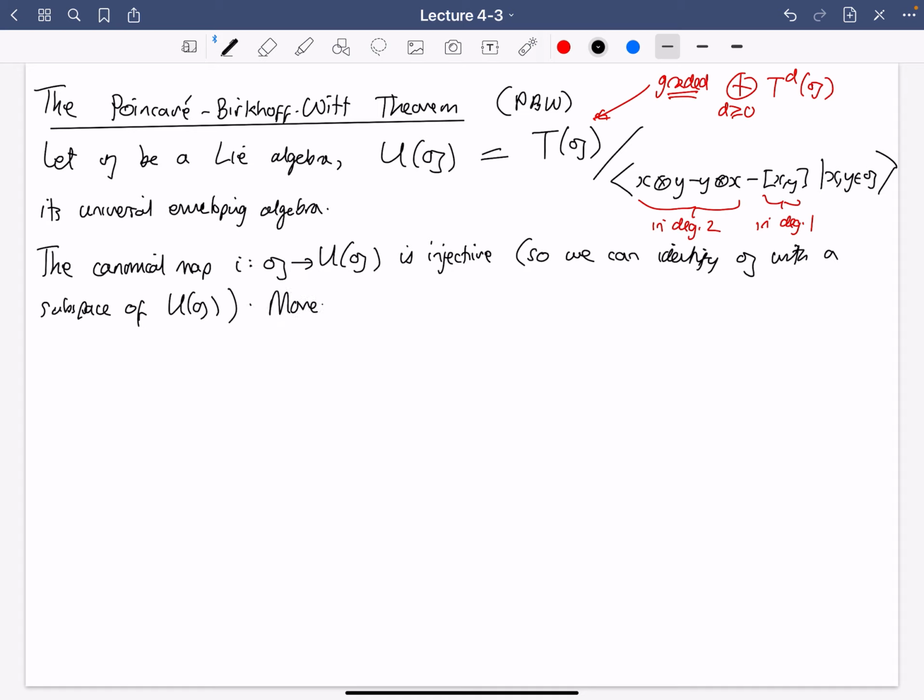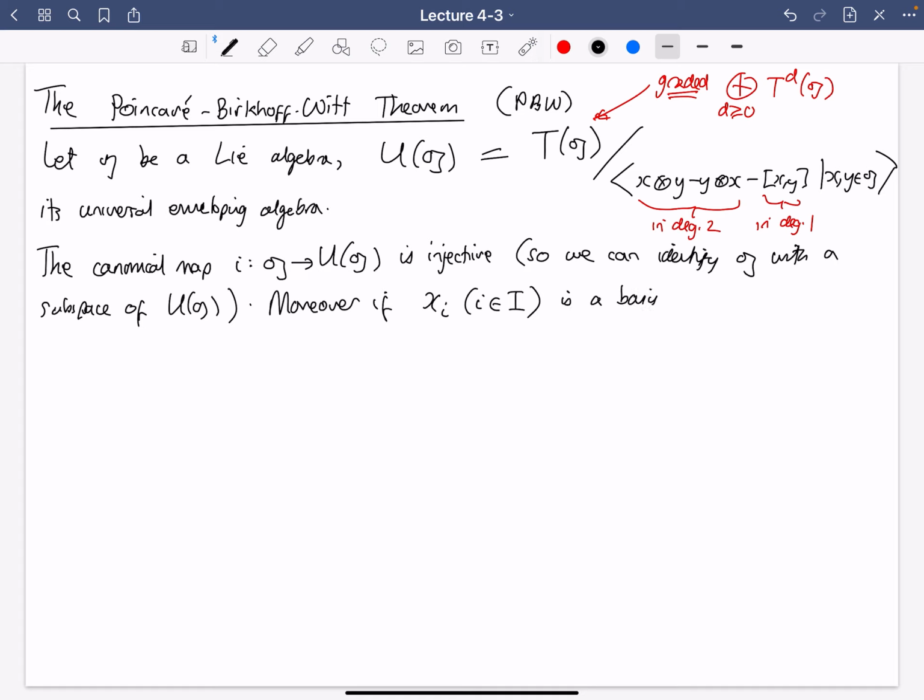Moreover, if you have some basis, let's call the basis x sub i, as i runs over some index set. There's no need for me to assume even that the Lie algebra G is finite dimensional at this point, so this index set might be infinite.